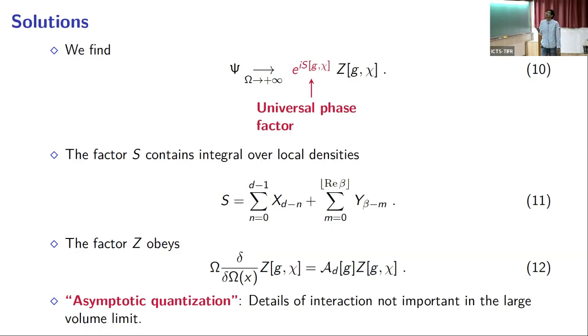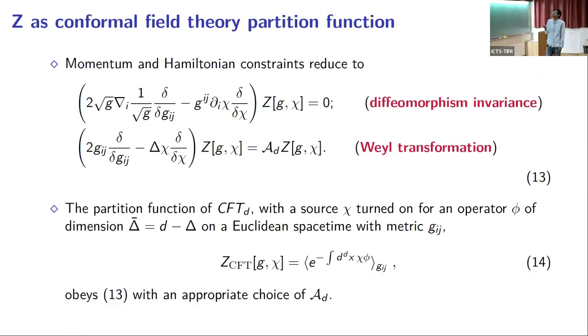Okay, now what is this J? When we find the Hamiltonian and momentum constraint action on this J, we find it already has diffeomorphism invariance, and J also follows some simple Weyl transformation properties, and these are some anomaly terms.